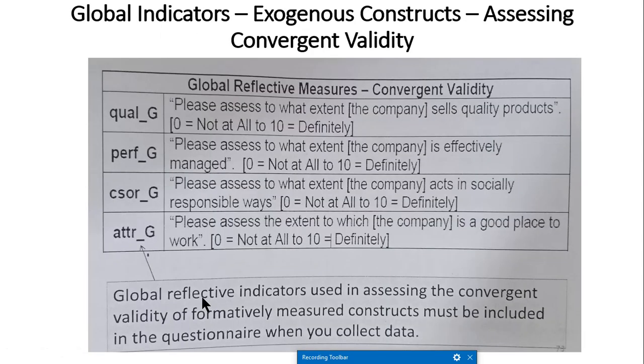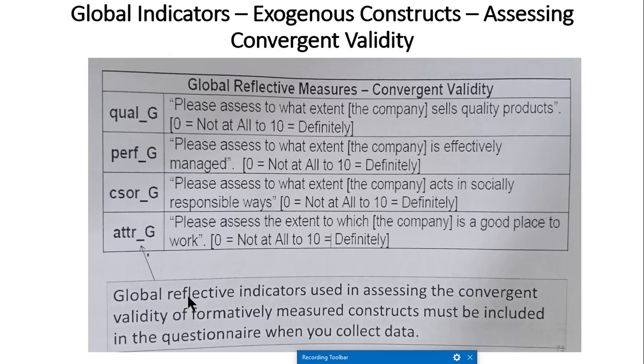What we need to know is that to examine or assess the formative measurement model, evaluating the formative construct and indicators must involve 4 steps. The first, which is the most important, is examining the convergent validity using redundancy analysis.